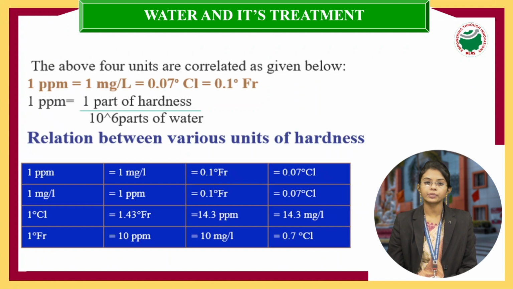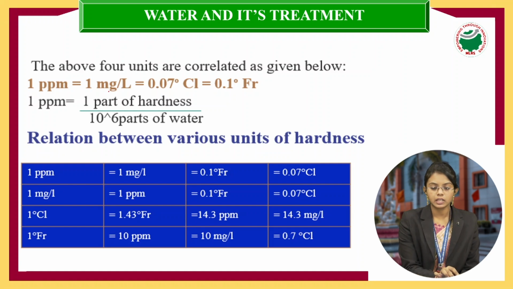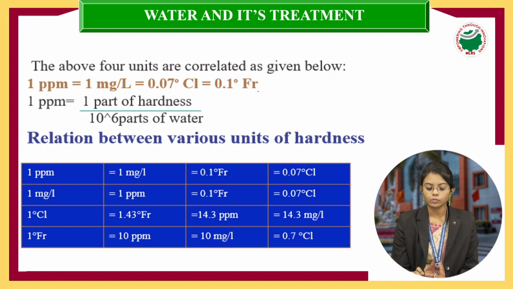And this is the relationship between the units we have mentioned above. That is 1 ppm is equal to 1 mg per liter, that is equal to 0.07 degree Clarke, and that is equal to 0.1 degree French. And these are the relationships between various units of hardness.